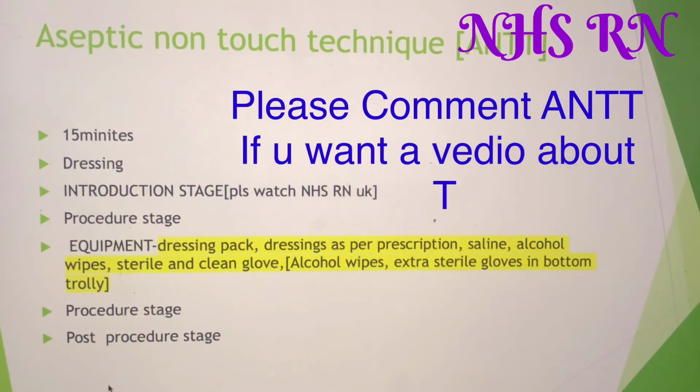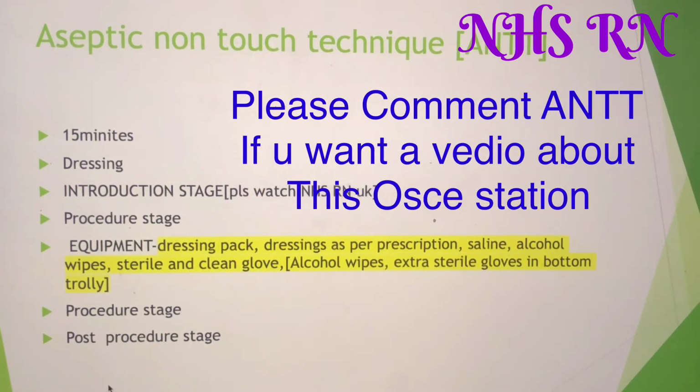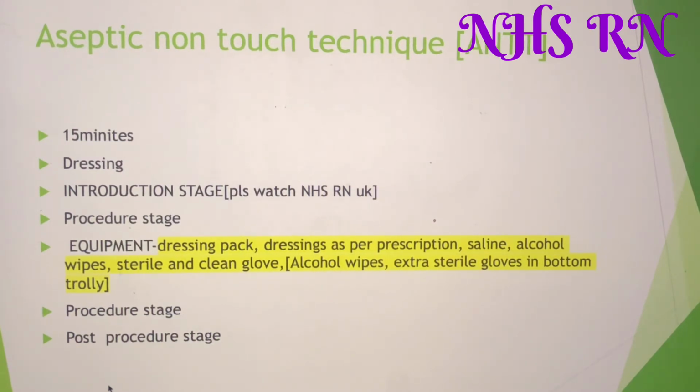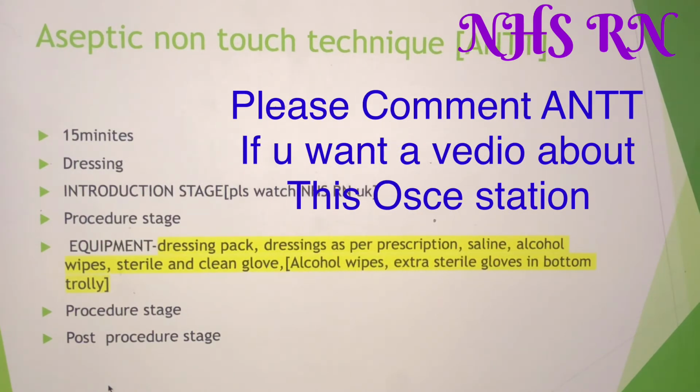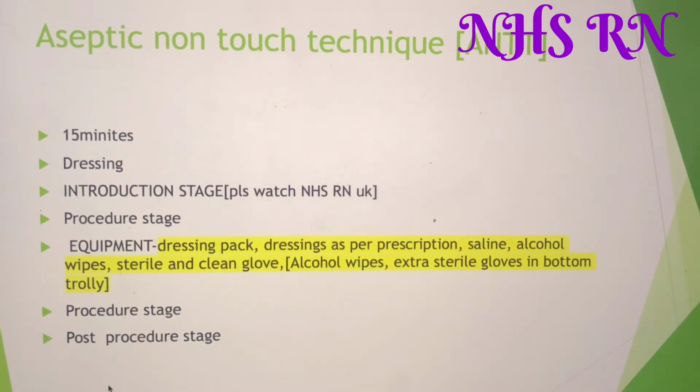When you prepare, you need to have some extra sterile gloves on the bottom trolley. If you make any mistake, you can remove it and ask the examiner to open the extra gloves for you. That's why you put some extra gloves downstairs. There is a lot I can explain about ANTT, but that's going to be lengthy. If you have concerns, I can make a separate video about it.